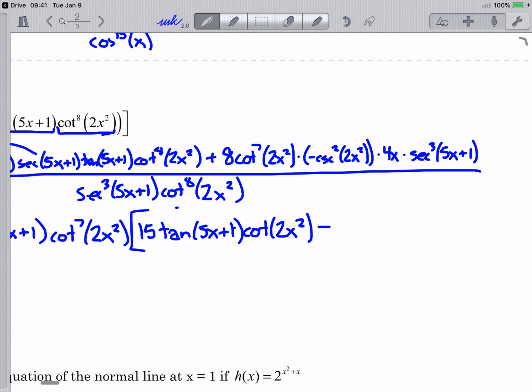I don't have any cosecants with the other guy, and I pulled out, so the 8 times the 4 gives me 32, and I've got an x as well. Pulled out all the cotangents. There were no cosecants to pull out, so I've still got my cosecant squared of 2x squared. And I took out all the secants. So that should be it.